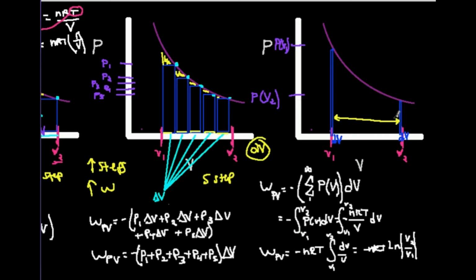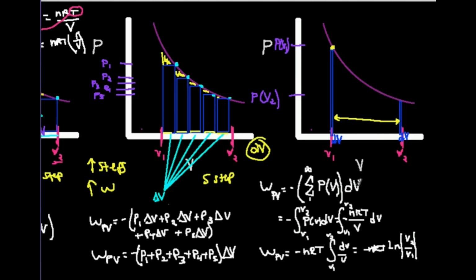All right. So again, what you're doing is you're just going to sum all the little rectangles. Well, what's a rectangle? The base is dV, and what's the height? The height is just the pressure wherever I am on this curve. But here's the problem with just simply writing it as the sum from 1 to infinity of all the p's times dV, because there's an infinite number of these dVs.